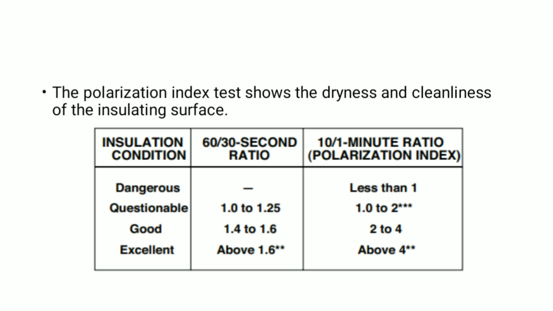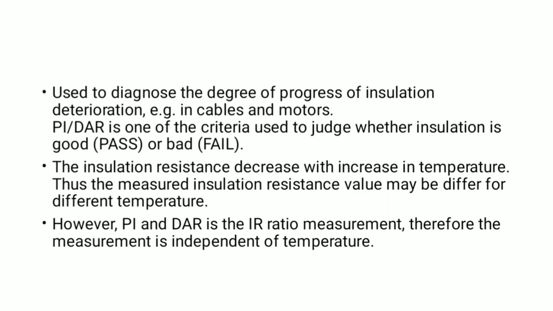If dust accumulates on the insulation or moisture is absorbed by it, your DAR and PI go down. It means that your insulation may be dangerous or questionable. Accordingly, under preventive maintenance, we take those two tests, DAR and PI, to check the quality of the insulation.